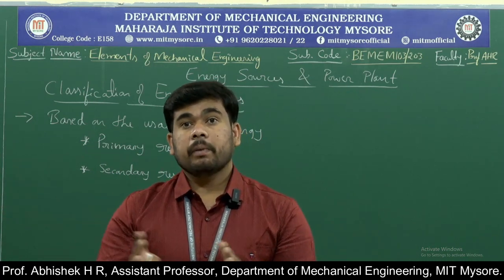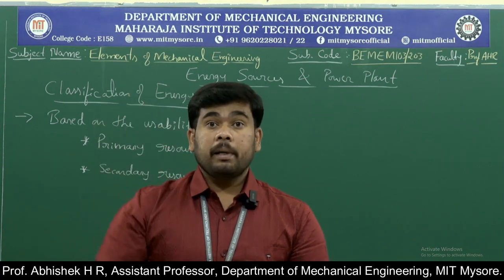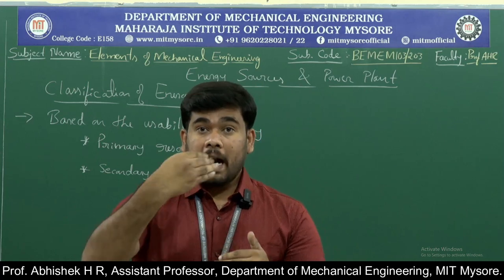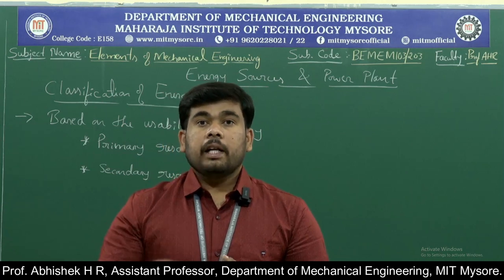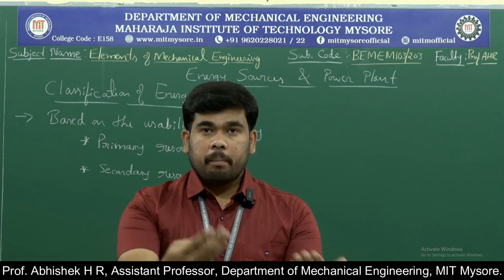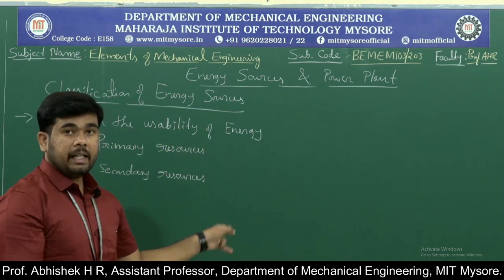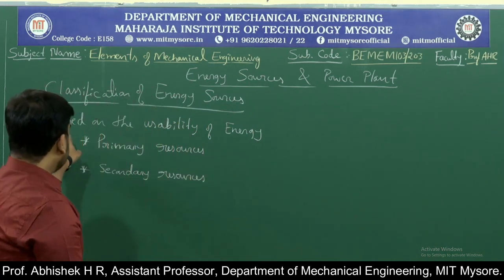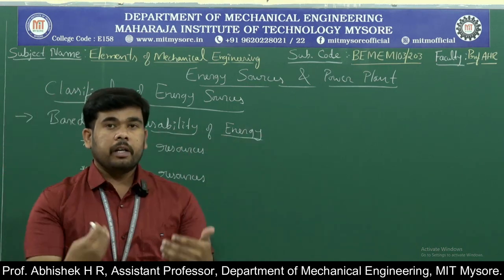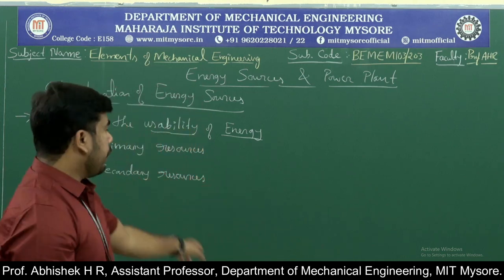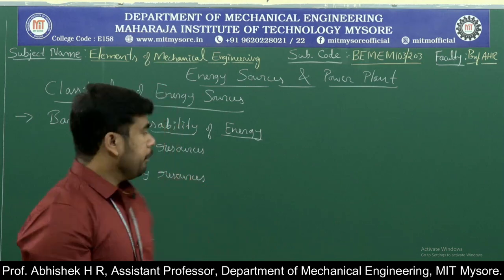The extraction mechanism or the main sources are the primary resources, but using those primary resources, we are generating the secondary resources, and that will be the direct energy that we are supplying to the consumers. So that will be categorized under secondary resources. Like this, based on the usability of energy, how we are utilizing it, we have categorized under primary resources and secondary resources.